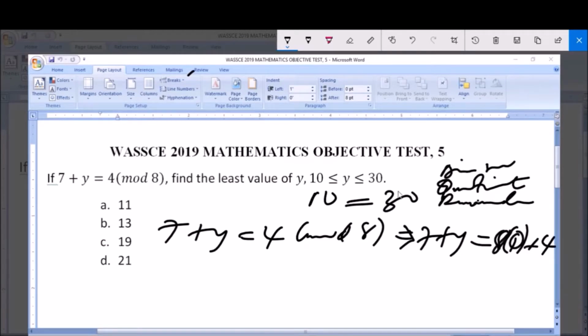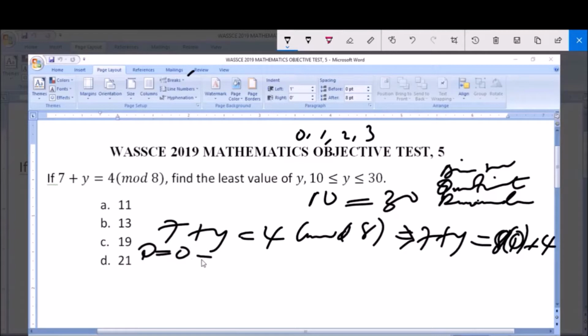Now the quotient can be any number from 0, 1, 2, 3, since the remainder is 4. These are the range of the quotient.